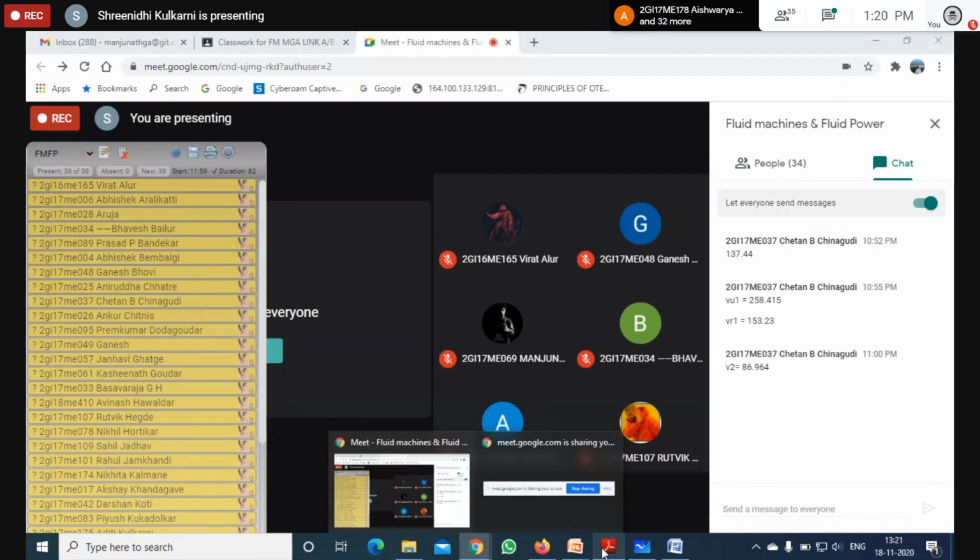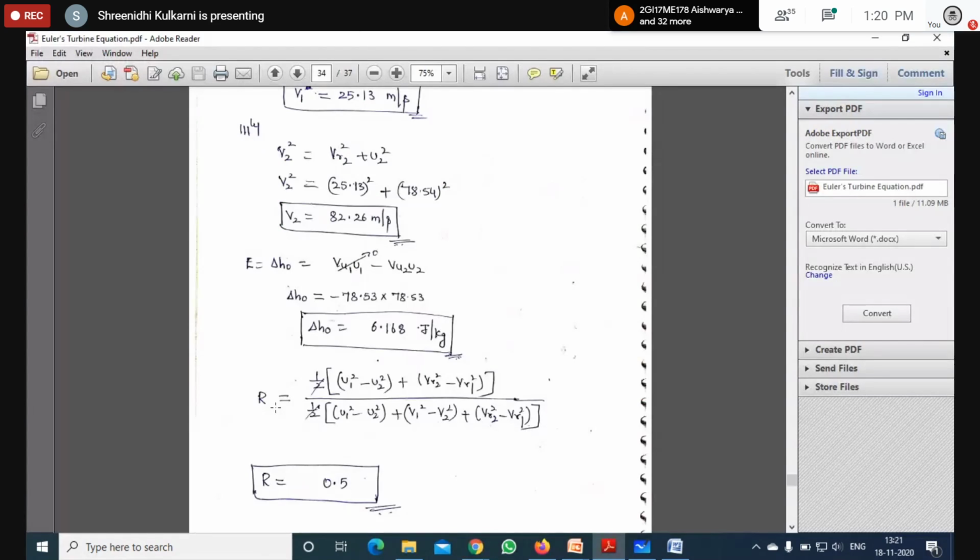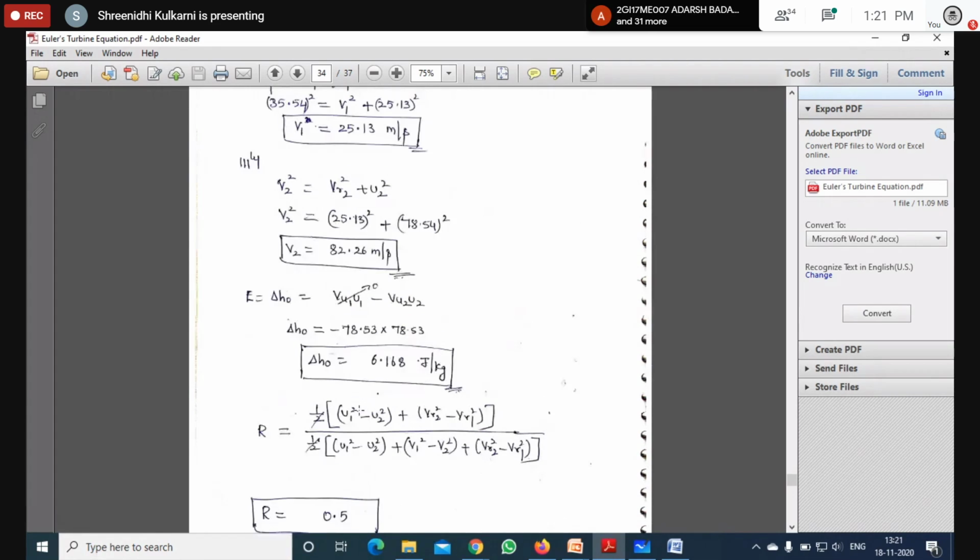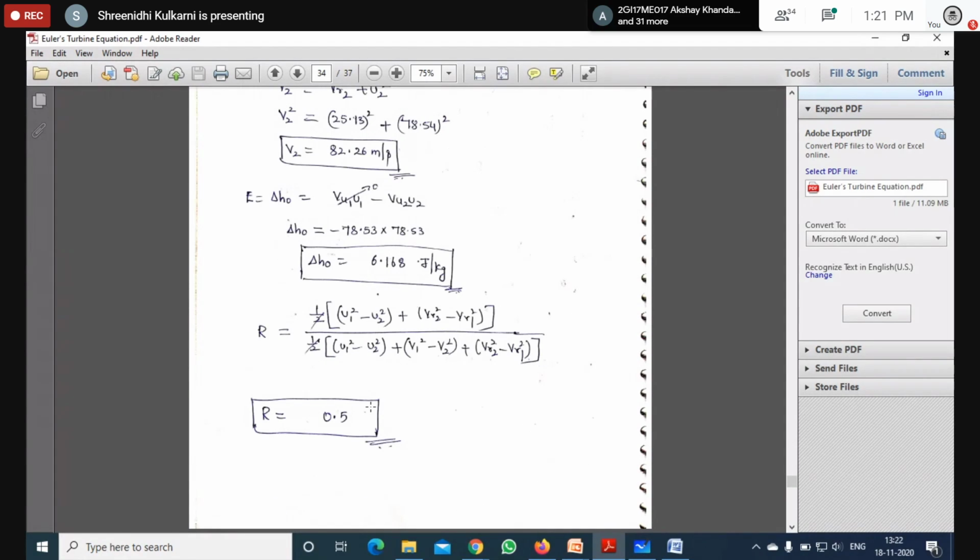R is equal to half into (U1 square minus U2 square) plus (VR2 square minus VR1 square), divided by half into (U1 square minus U2 square) plus (V1 square minus V2 square) plus (VR2 square minus VR1 square). If you substitute U1, U2, VR1, VR2, V1, V2, you will get R is equal to 0.5. Okay, R is equal to 0.5.